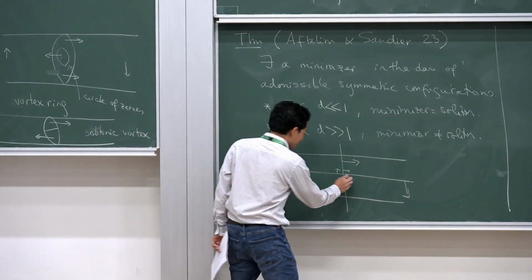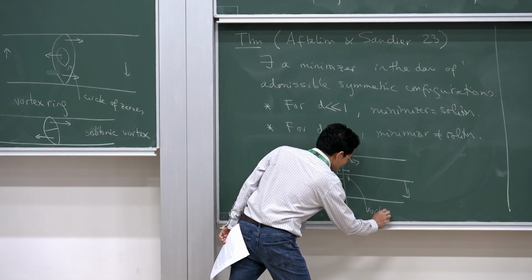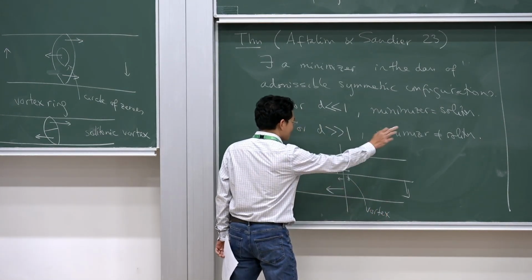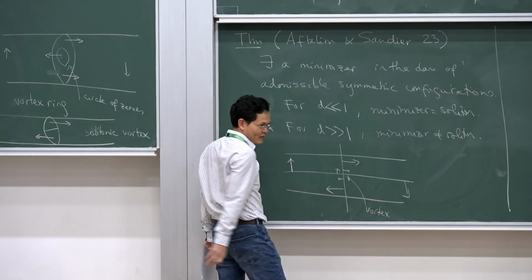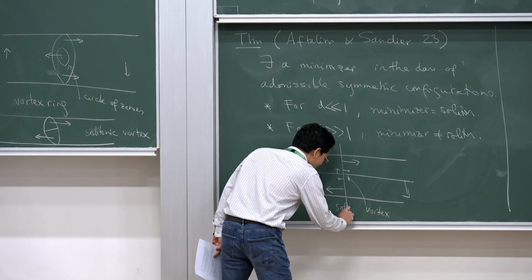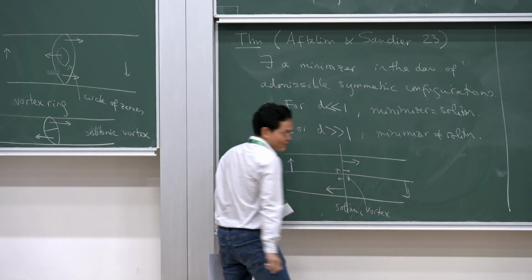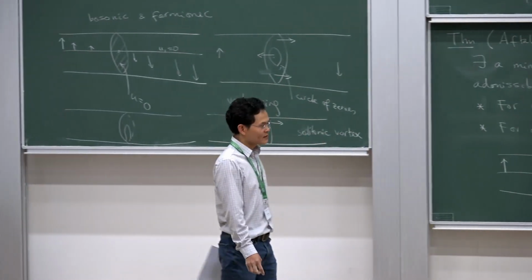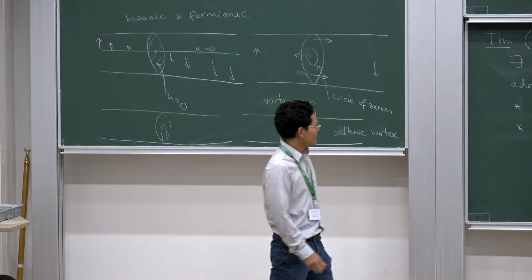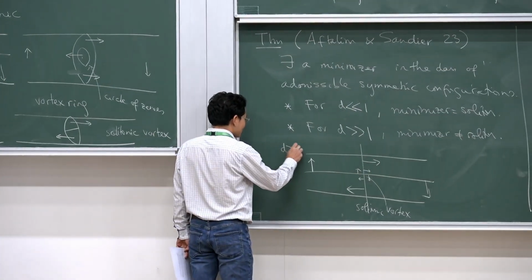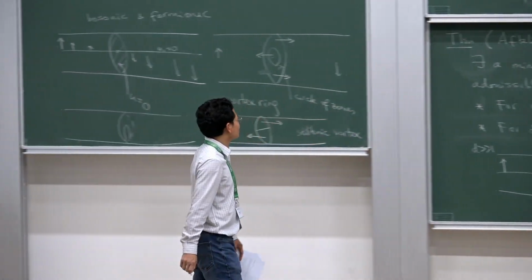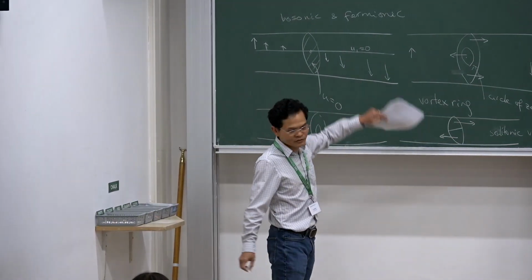Because in the far field it looks like a soliton, people call this the solitonic vortex. That is for D much bigger than 1. For D much less than 1, it's just the one-dimensional solution.